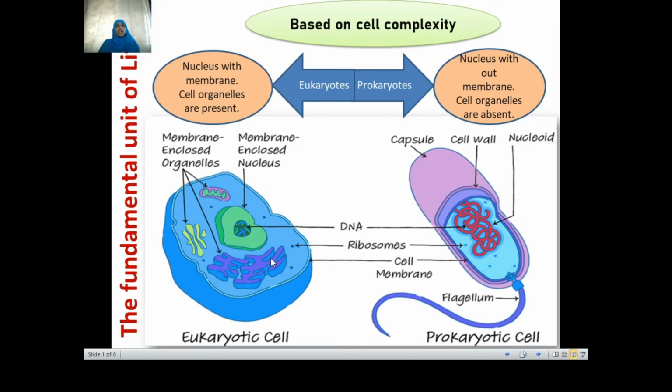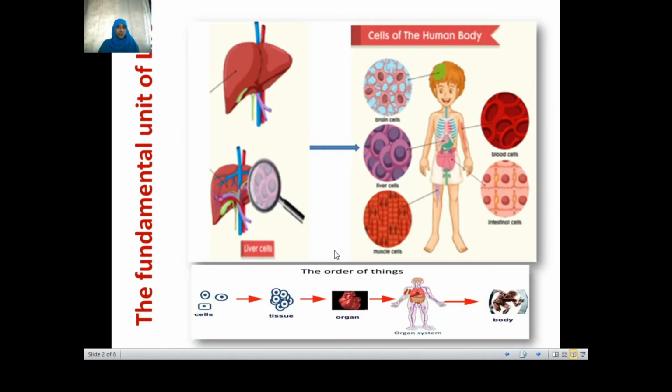So eukaryotes have division of labor. Each individual component will have its specific function, and together they work in a team for the overall activity of a cell, right?